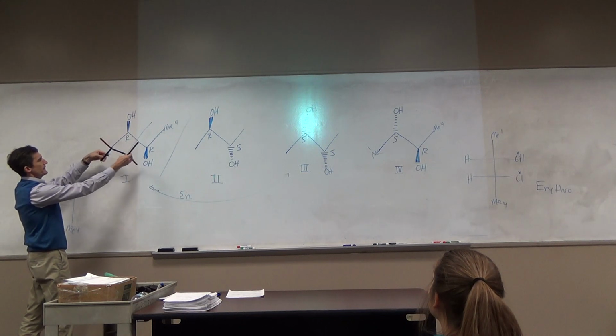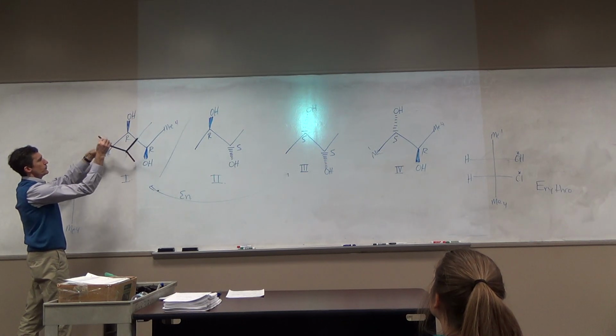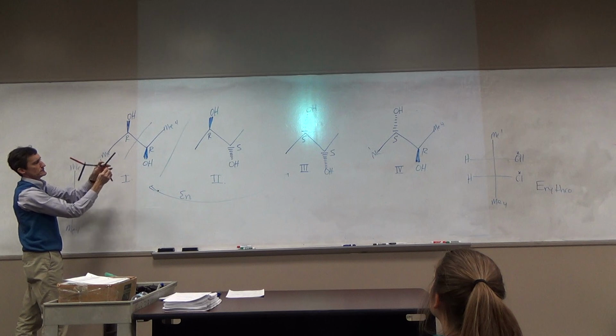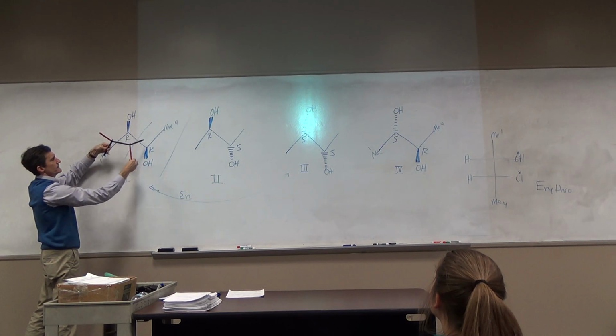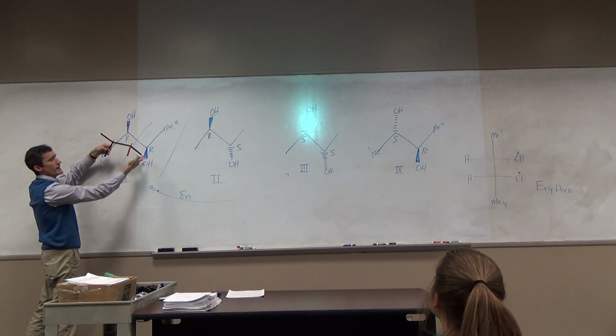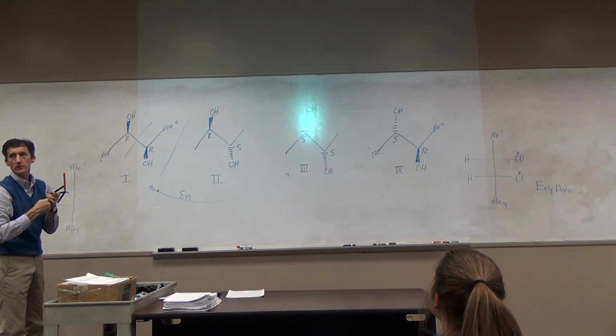Here's our backbone. Methyl's in the plane. OH coming forward. This OH, also coming forward. Well, I can make it come forward just by doing this, right? No, because if I do that, it's going to make the methyl go out of the plane. The only way I'm going to do this, I've got to disconnect. I've got the wrong configuration.